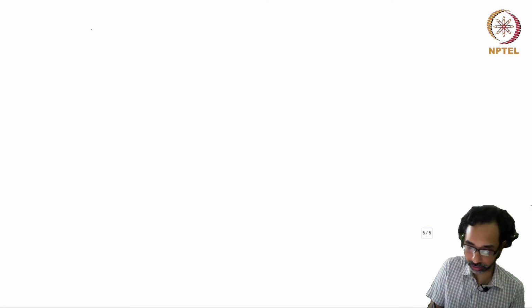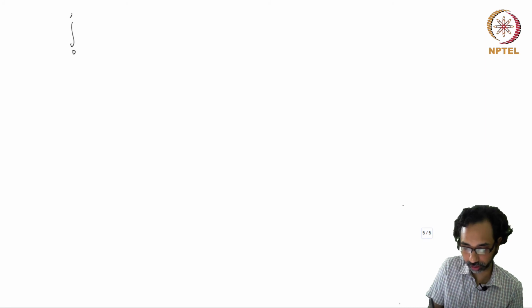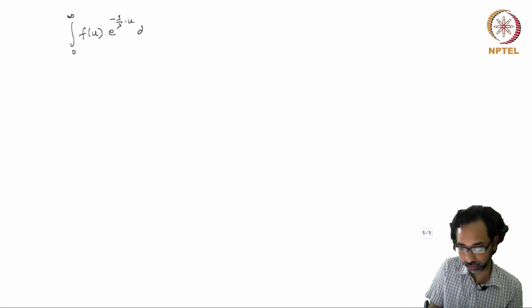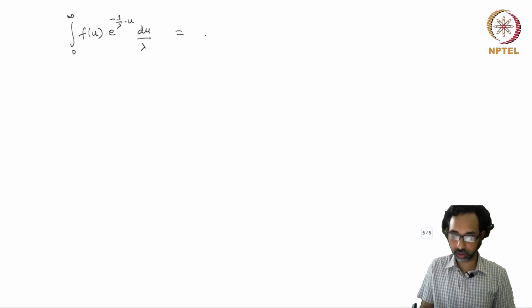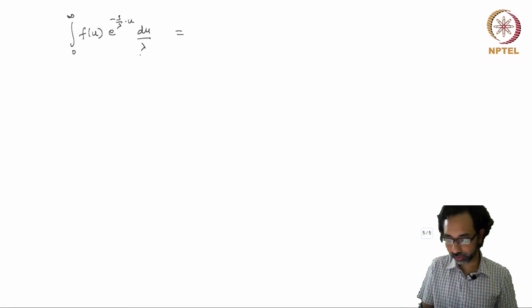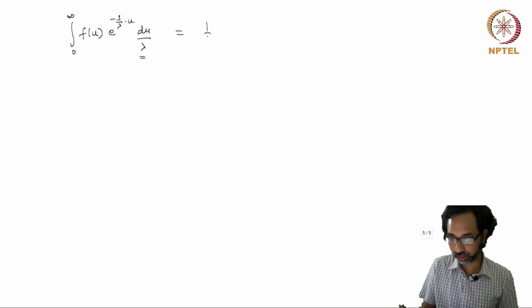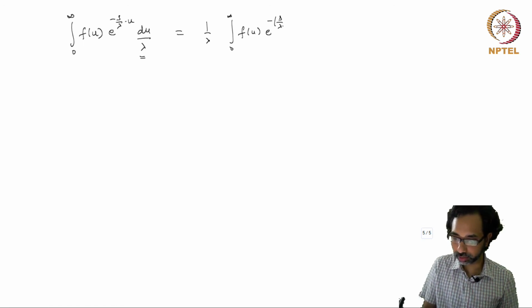So let me write this expression again: integral from 0 to infinity of f of u e to the power minus s over lambda times u, du over lambda. So this is now equal to, you can take this lambda factor out of the integral, so it's 1 over lambda times the integral from 0 to infinity of f of u e to the power minus s by lambda times u du.